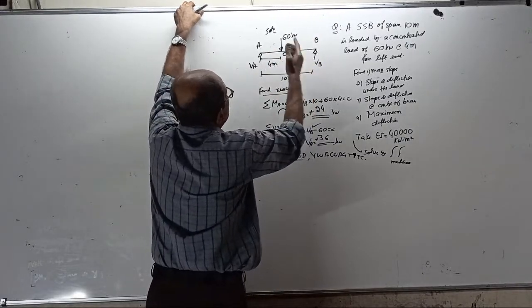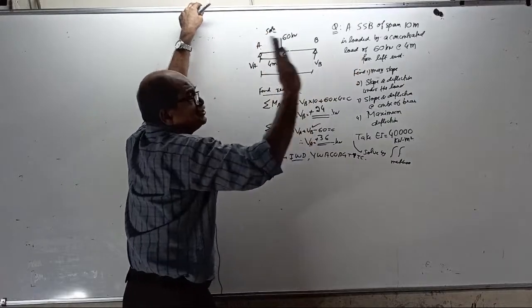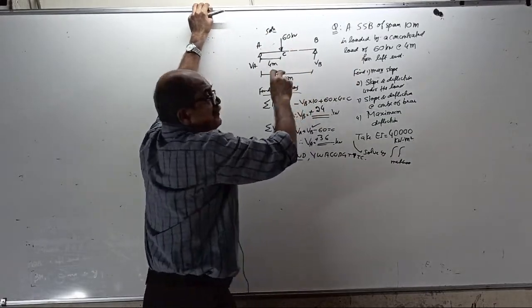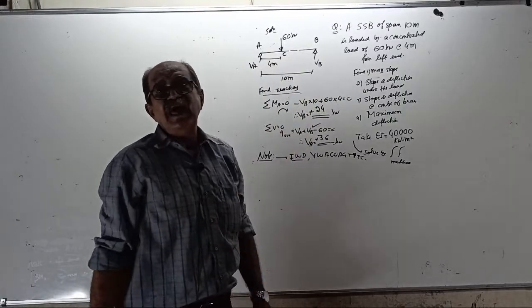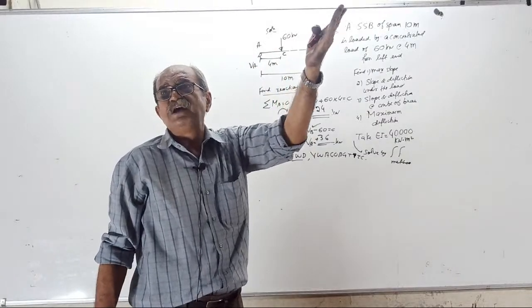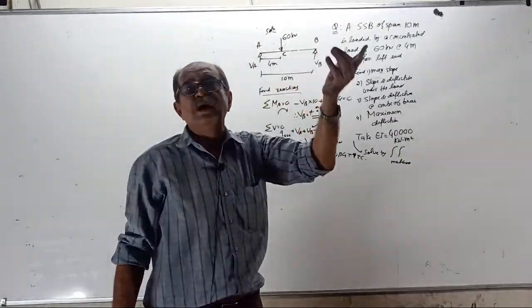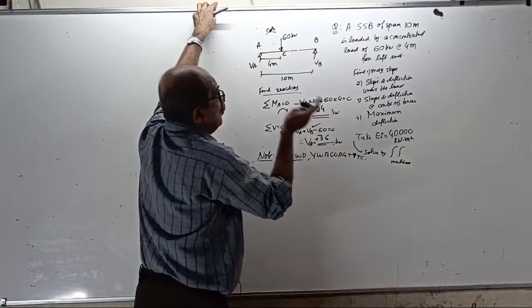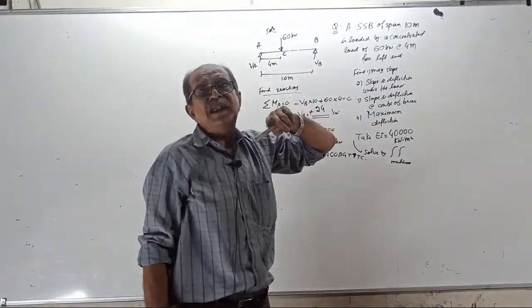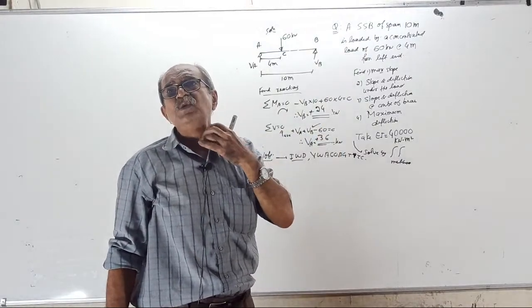Beyond 4 meter, this equation cannot be used. So you have to take one more section here. If you take one more section there, then one more Mx equation will come, and again C1, C2 will come. Those C1, C2 will not be this C1, C2. Why? When the equation for bending moment changes, C1, C2 will change.